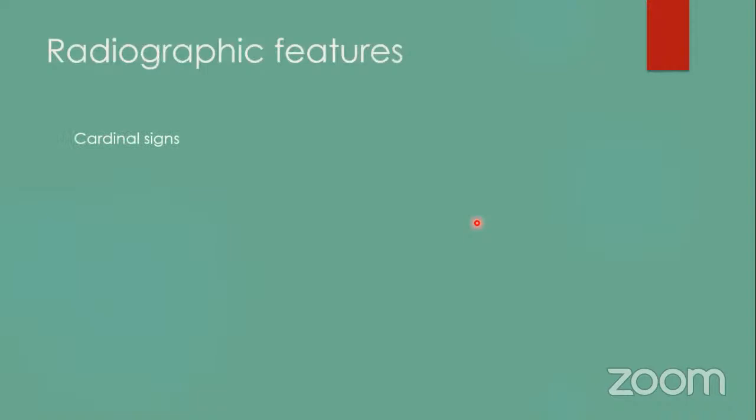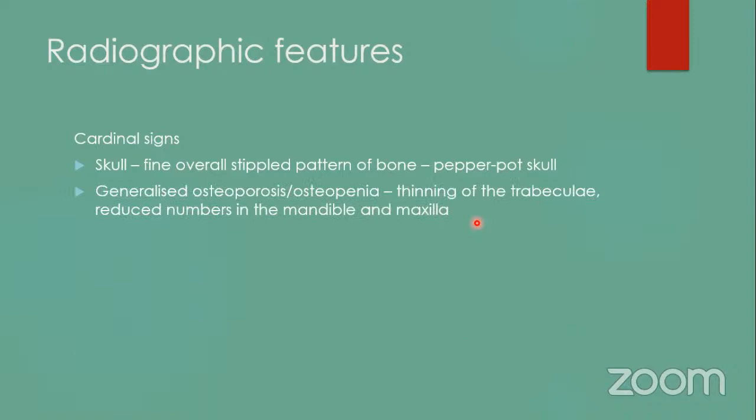So what are the radiographic features? The cardinal signs, for example, in the skull: you'll have a fine oval stippled pattern of bone, what we call the pepper pot skull. We look at an image that shows the same. Then you can have generalized osteoporosis and or osteopenia, so we have thinning of the trabeculae.